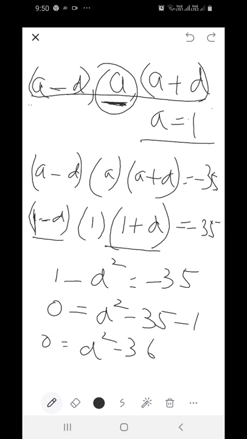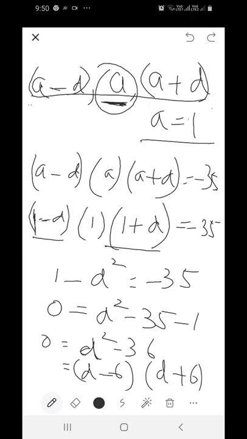Now you are getting a quadratic equation. You are going to factorize it by the formula A square minus B square is equal to A minus B into A plus B. You know how to do it. It will be D minus 6, D plus 6 will be the factorization.